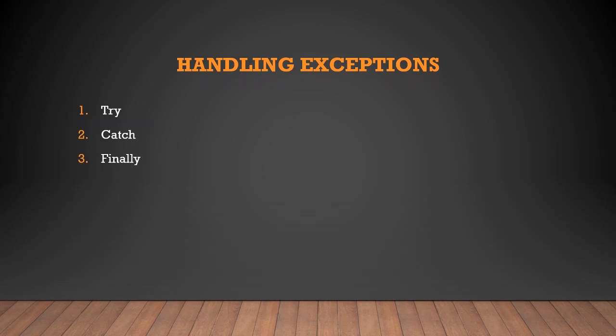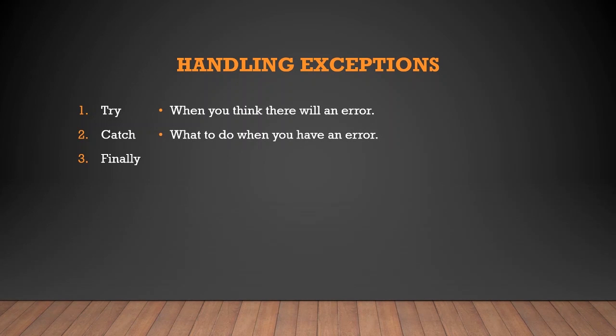You use the try block when you think there might be an error in a block of code. Catch is what to do when you have an error. Finally is code that must be executed regardless of error. That means the code that should be executed whether you have an error or not.